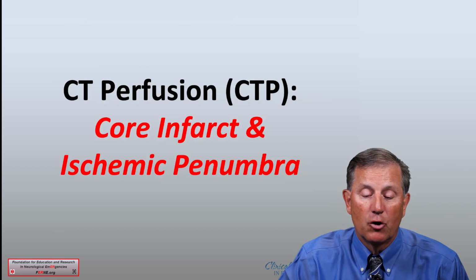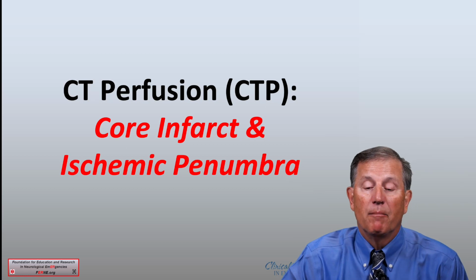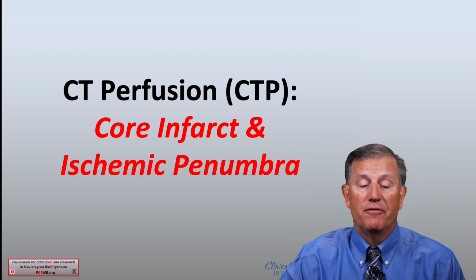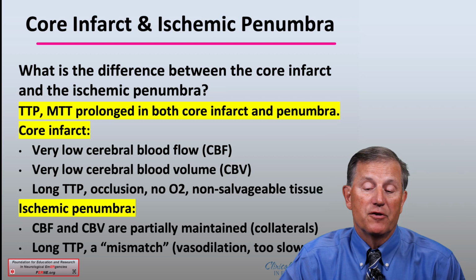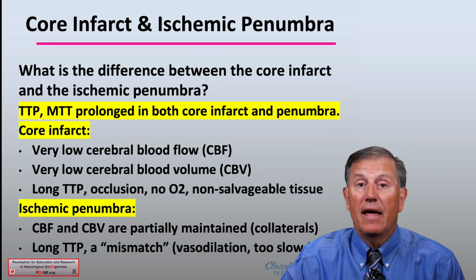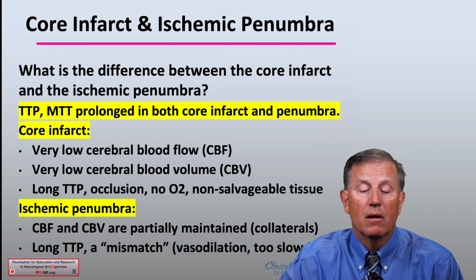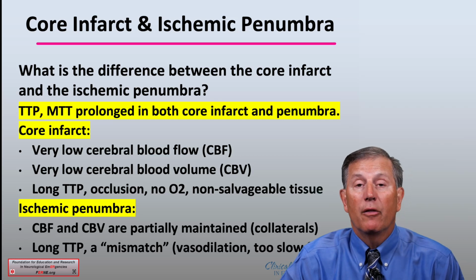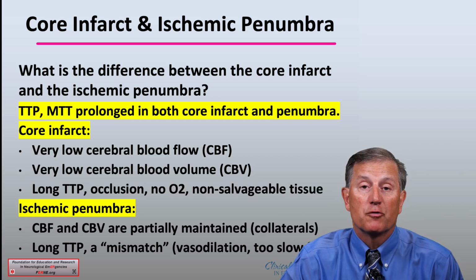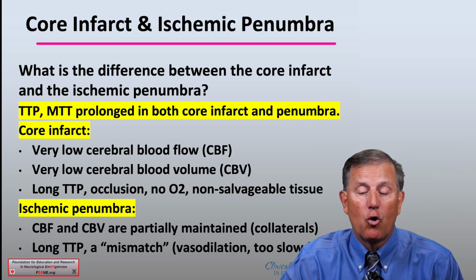Again, let's talk about the core infarct and the ischemic penumbra with regard to CT perfusion. What's the difference between the core infarct and the ischemic penumbra? The time to peak and the mean transit time, in other words, the rate at which blood flows through this at-risk tissue, is prolonged in both the core infarct and the ischemic penumbra.